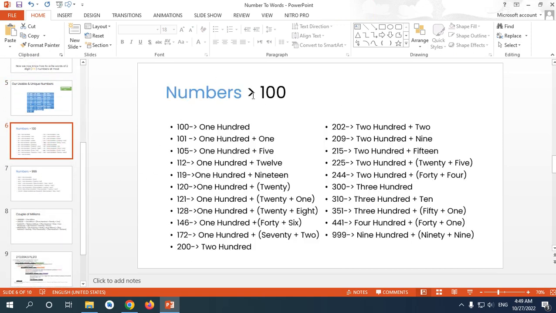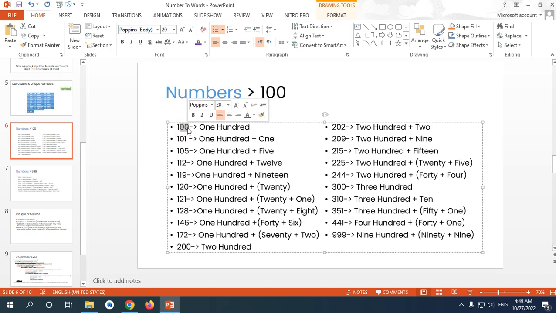So for numbers bigger than 100, that's really interesting. We start off with 100, which is simply 100. There are 2 zeros besides this one. We just ignore the zeros, and we have 101, which is 1 at the left side, and there are 2 digits, which are 0 and 1.